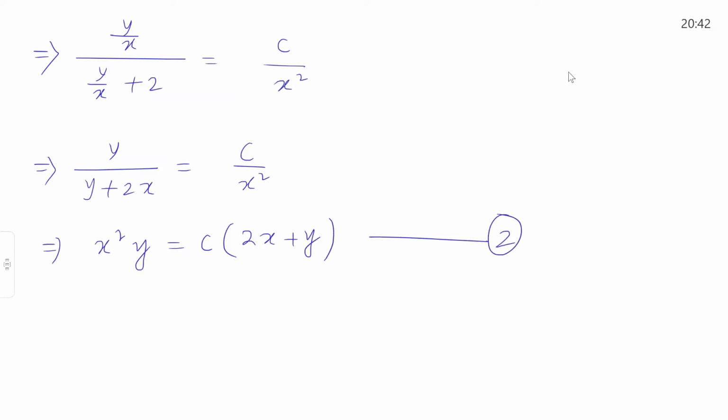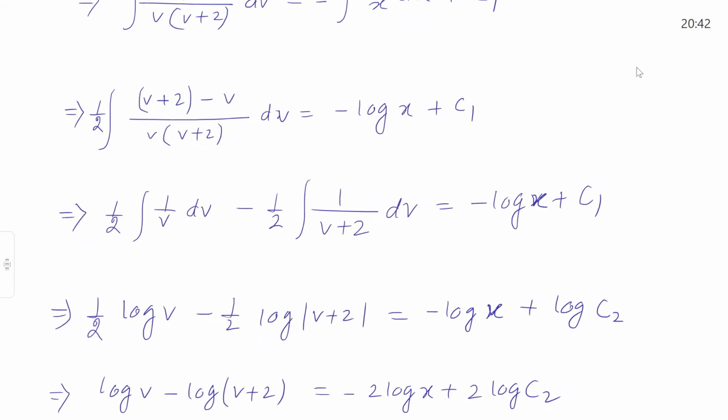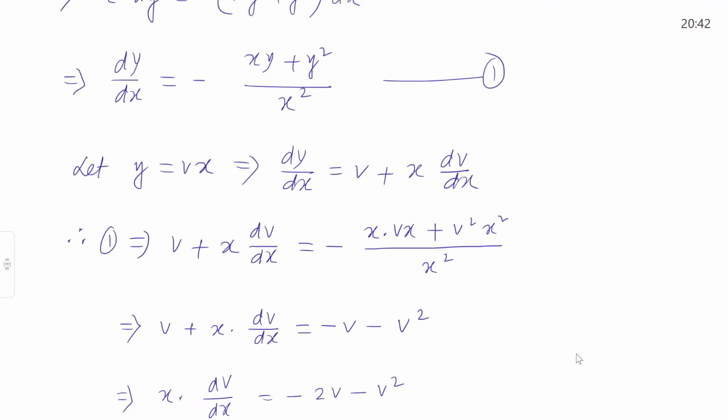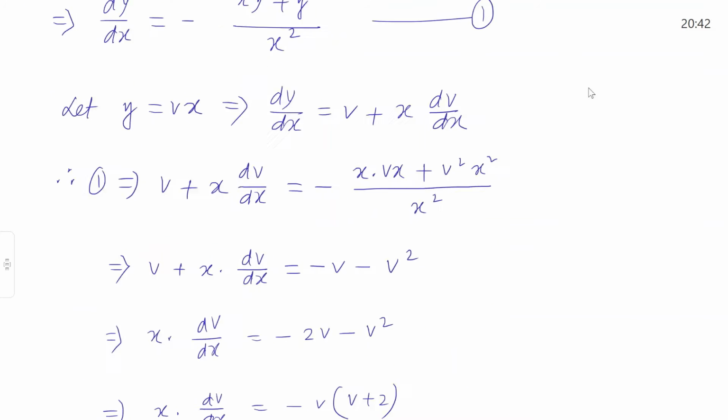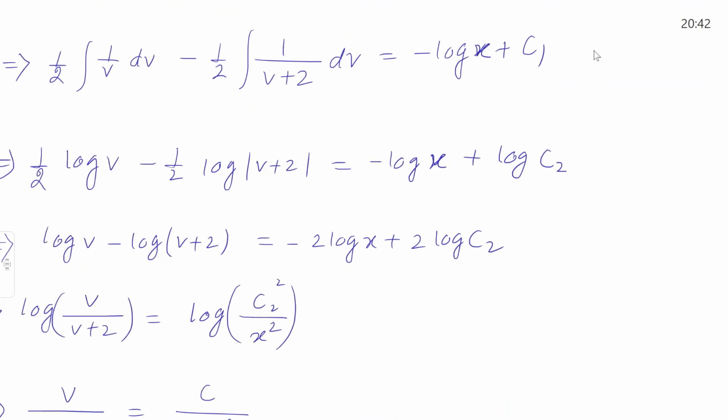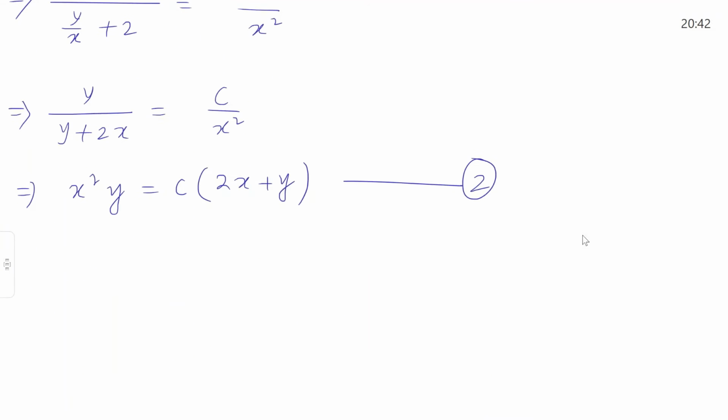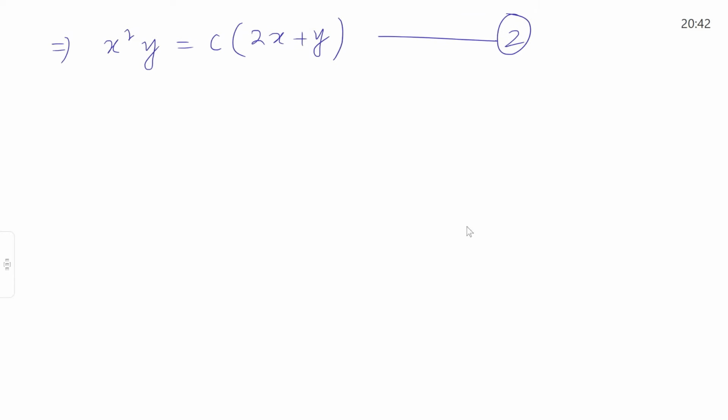Now I will use the condition. What is the condition? x is equal to 1, y is equal to 1. I will use it in the last line. Using x is equal to 1, y is equal to 1, the left hand side is 1 into 1 is 1, and c into 2 plus 1 is 3, so c is equal to 1 by 3.